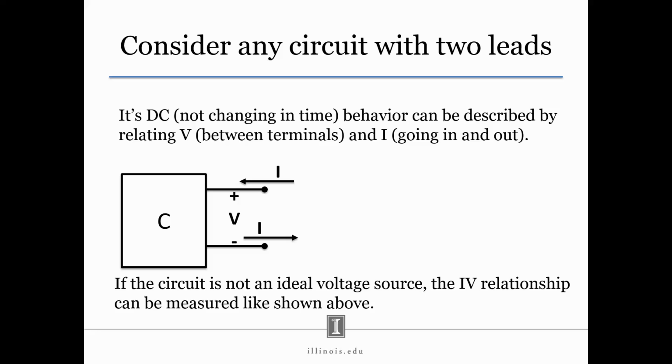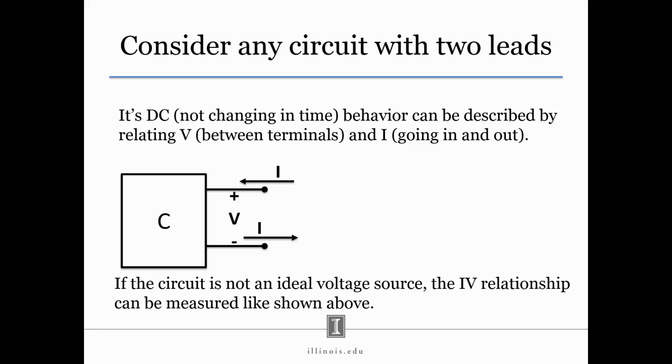Okay, so let's consider a circuit. It's some sort of a circuit in a box. We don't know what it is, and it has two leads. We can fully describe the DC behavior of this circuit, that is, not changing in time, by relating the voltage across the two terminals to the current that goes into one terminal and comes out the other.